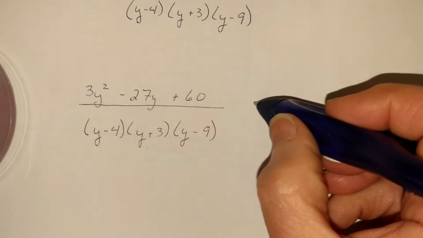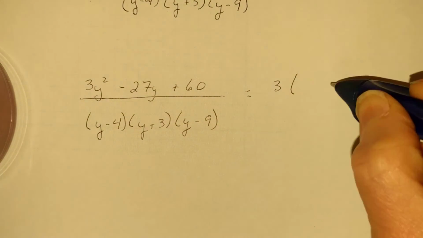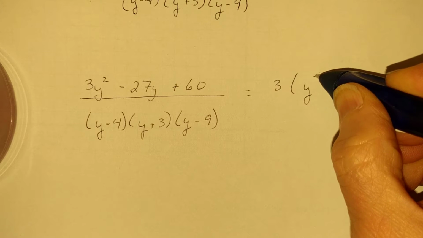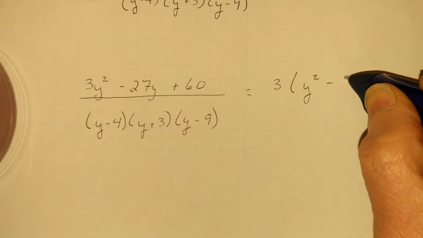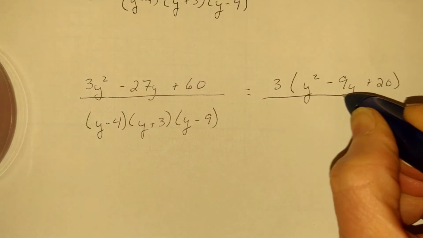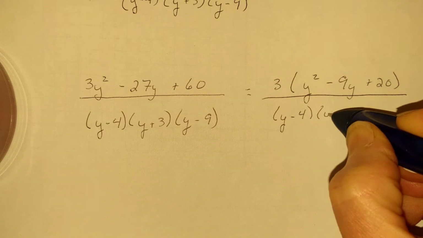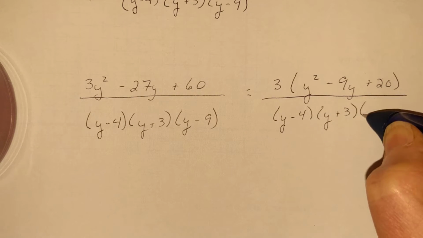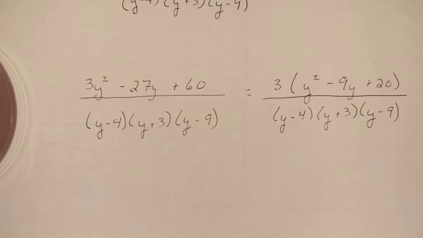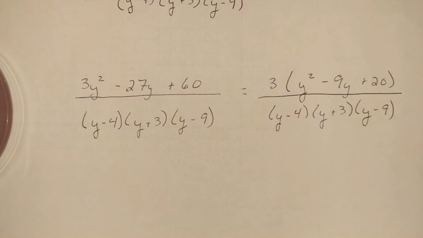First I'm going to factor out a 3 from each term. Gives me y squared minus 9y plus 20, and that's still all over my least common denominator. And then I'm going to factor this polynomial.